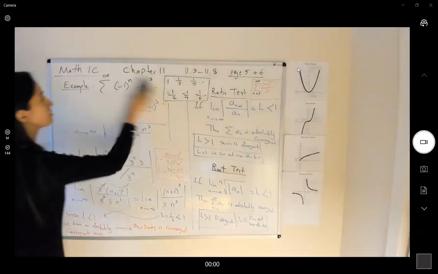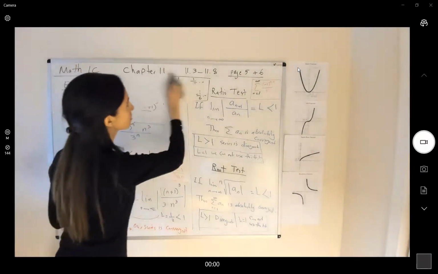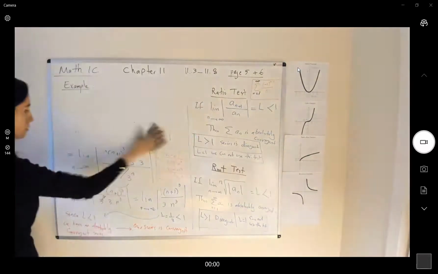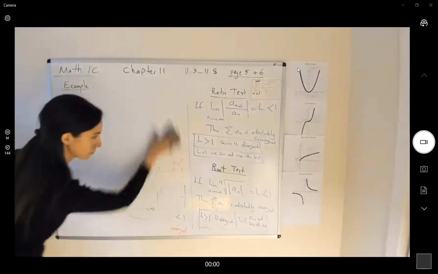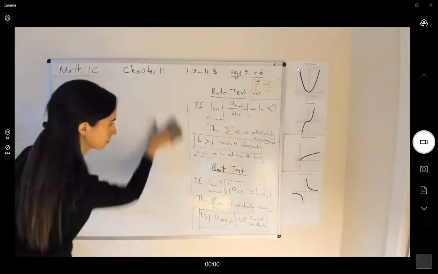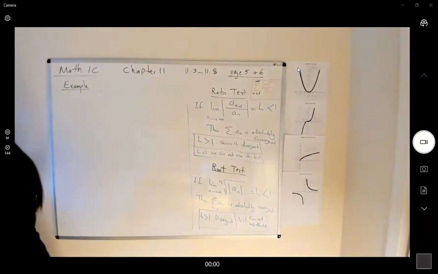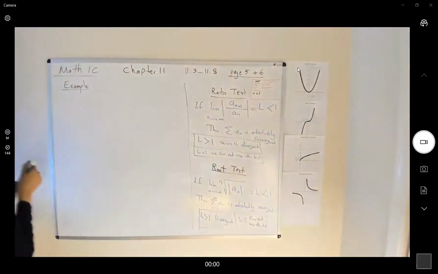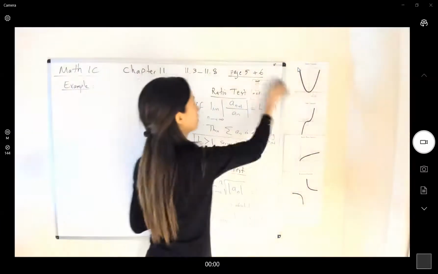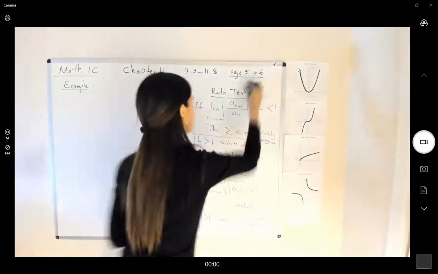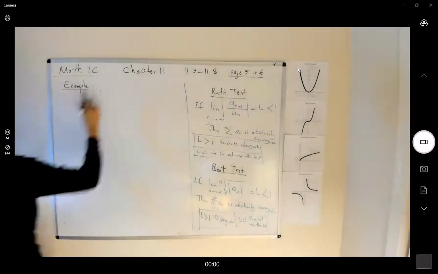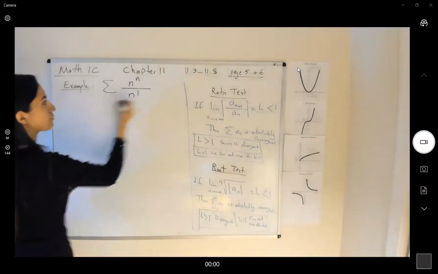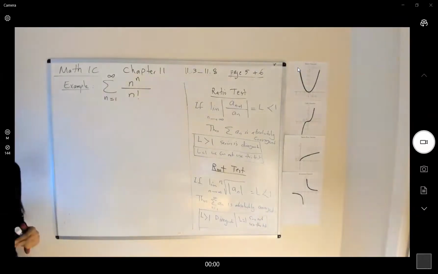Next example for you. Suppose you have the series n to the n divided by n factorial, which starts from 1 and goes to infinity.